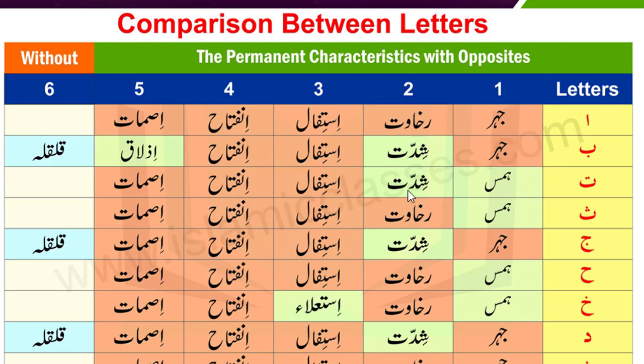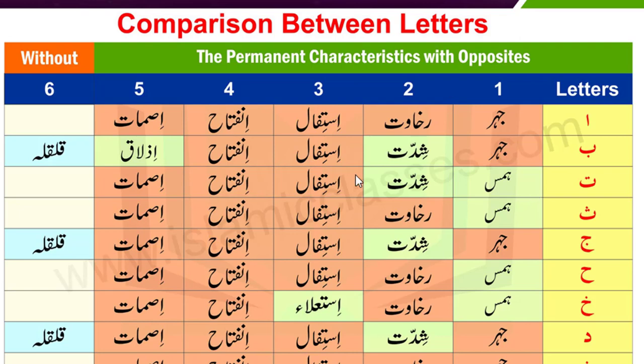In shiddah, the sound is discontinued, so we say at. When we say at, the sound is discontinuing, and when we release the sound, then its hams quality comes, like we say at.